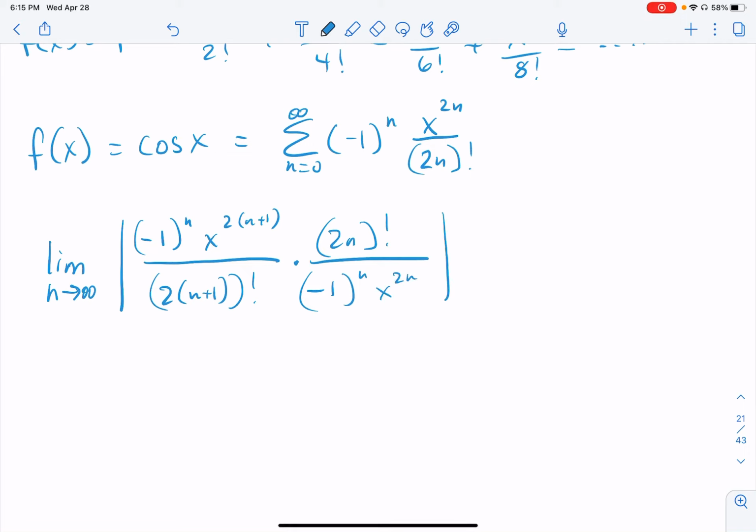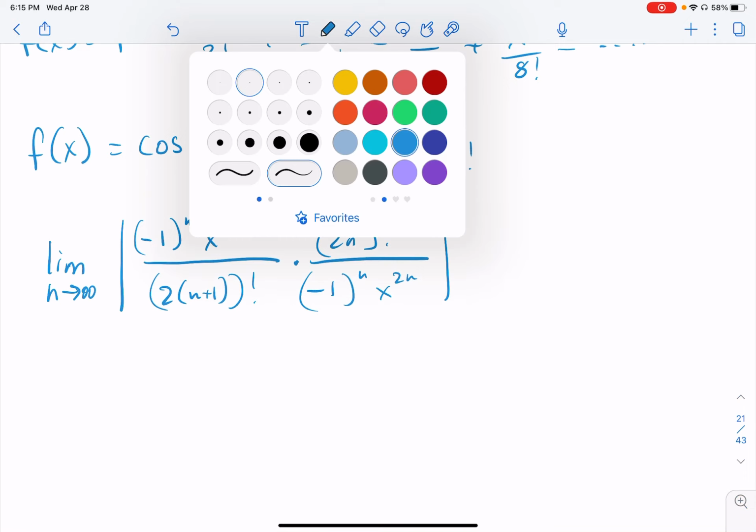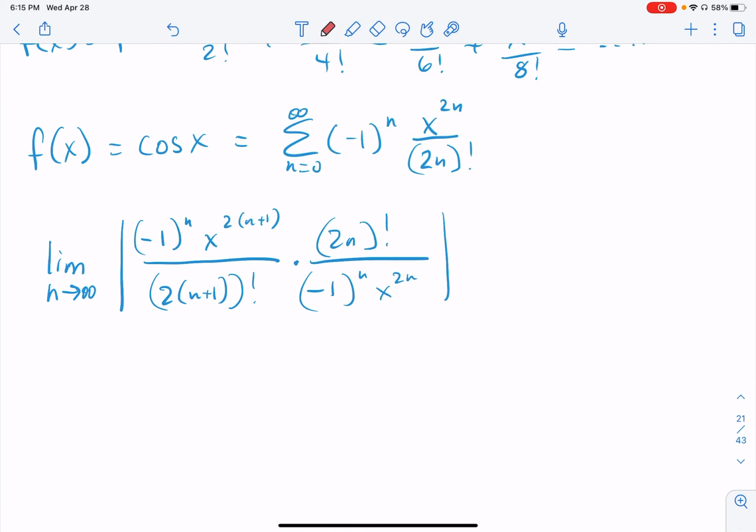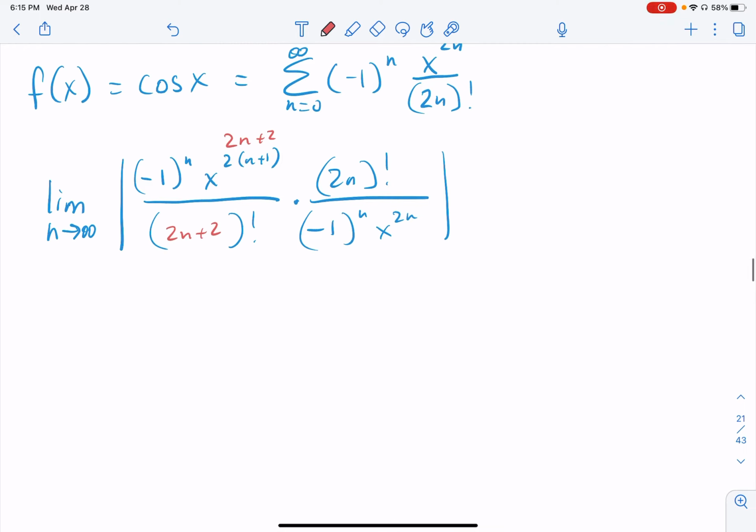And let's do some simplification. Distributing that 2, the power is 2n plus 2, which means that's exactly what this factorial is down here, 2n plus 2. And then we'll expand out that factorial so we can cancel some stuff. This is going to be 2n plus 2 times, subtract 1 from it, 2n plus 1, subtract 1 more, 2n factorial, and then it gets to cancel.